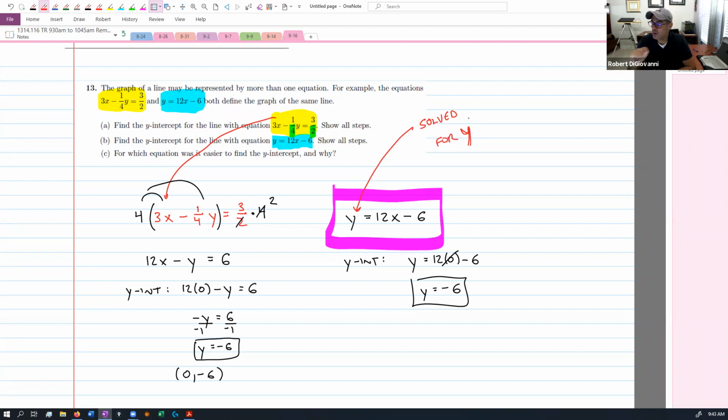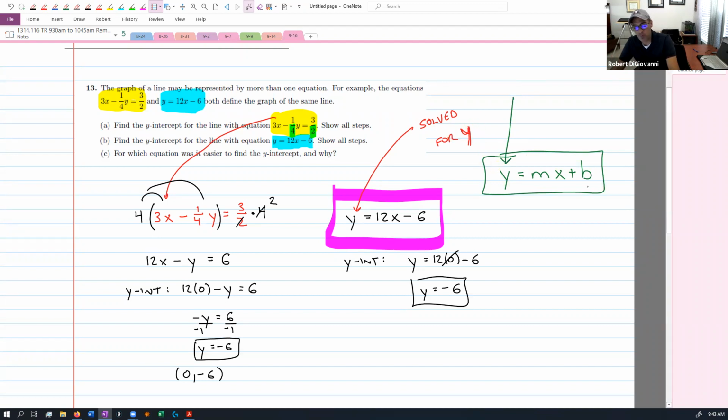Now, this homework comes from the section on the intercept method, but we learned last class this very important equation, y equals mx plus b. And I told you, whenever we have it solved for y, what does b in this equation always give you?